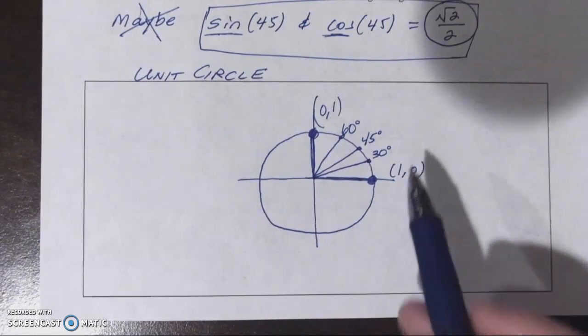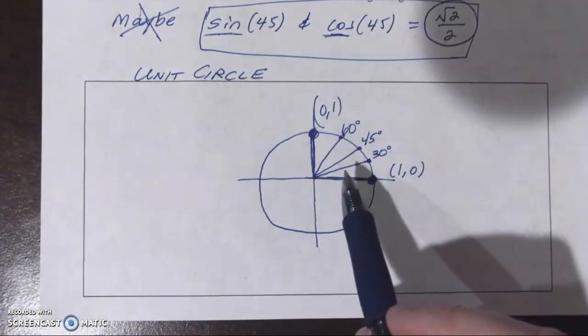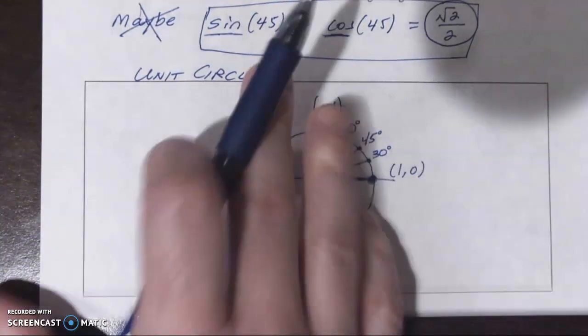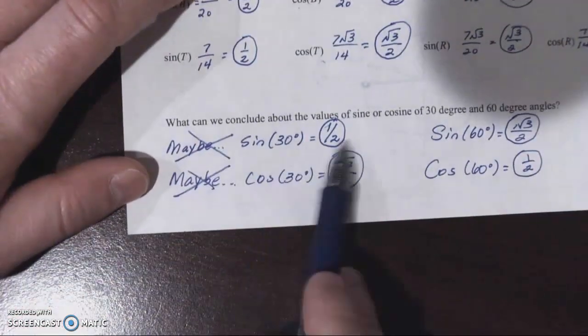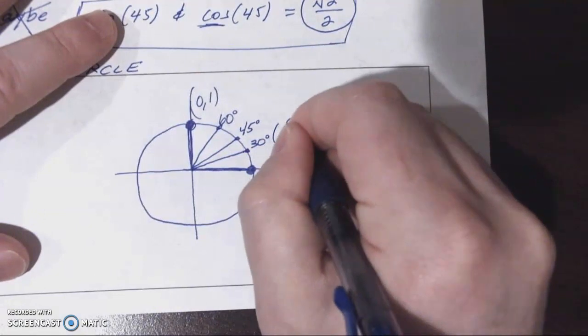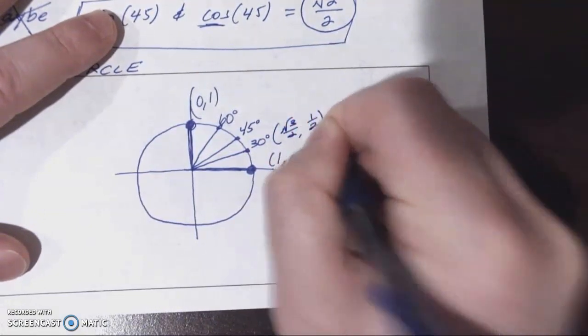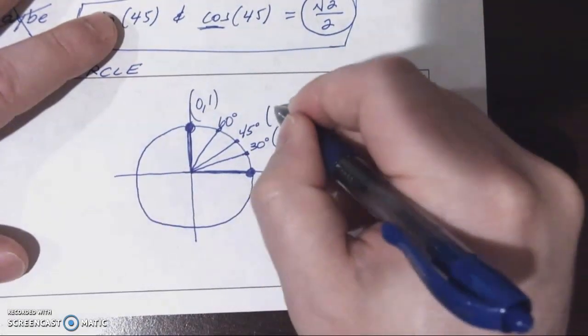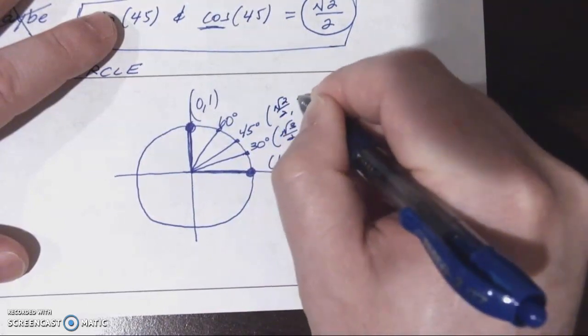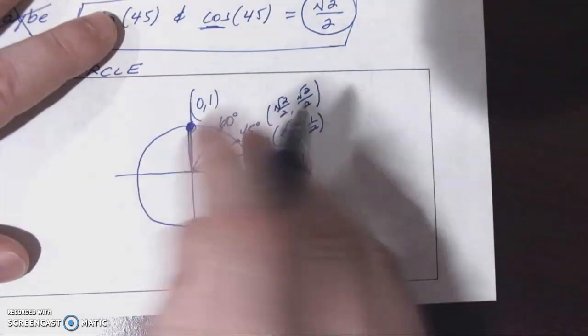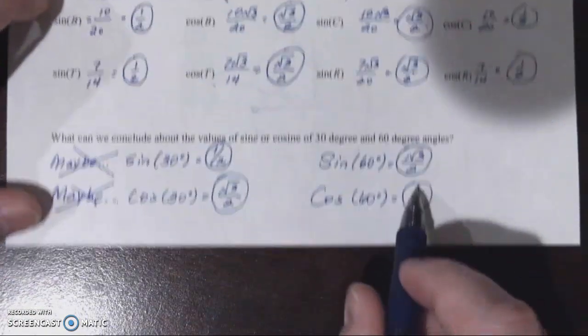And the first time we teach it to you, you'll see these values come back in play. So 30-degree angle, if we look at the front, 30 degrees, sine was 1/2, cosine was root 3 over 2. 45-degree angles, both sine and cosine were root 2 over 2. And 60-degree angles, sine was root 3 over 2, cosine was 1/2.